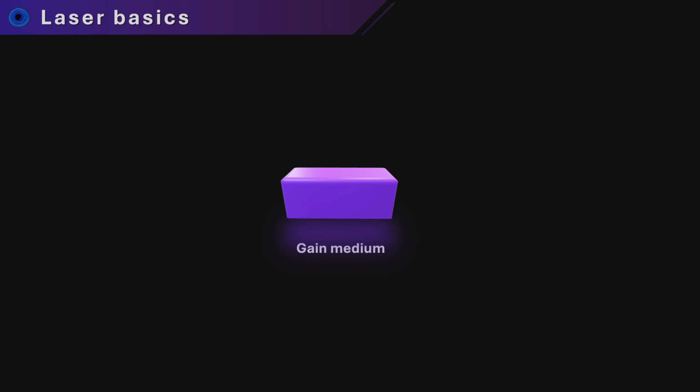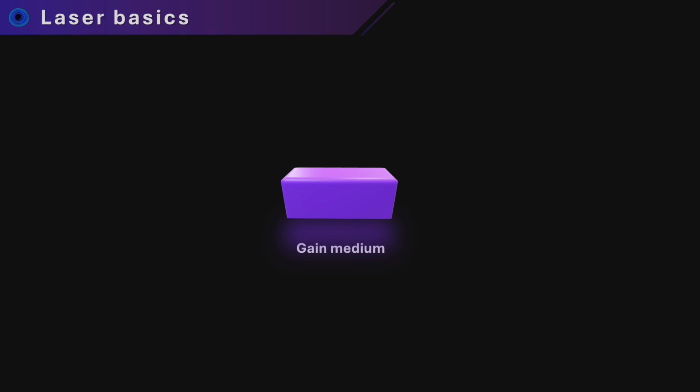Let me introduce you. Now, I'm guessing most of you already know the basic ingredients of a laser. First, there is a gain medium where we create something called population inversion. Basically, more electrons in excited states compared to lower energy states. The gain medium could be many things, a crystal, a ruby rod, a rare earth doped glass, and so on.